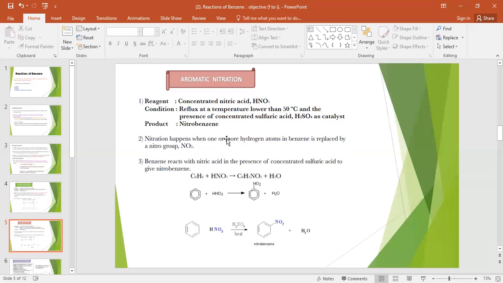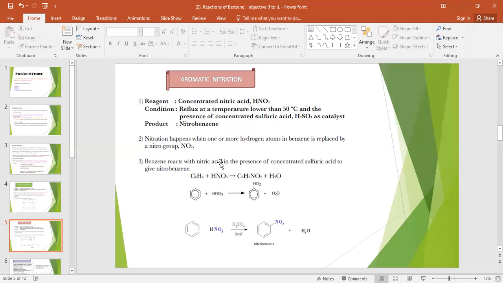Nitration happens when one or more hydrogen atoms in the benzene are replaced by a nitro group. From where do we get this nitro group? From nitric acid. When it reacts with sulfuric acid, as a result of the reaction of this mixture, we will get an NO2 group.